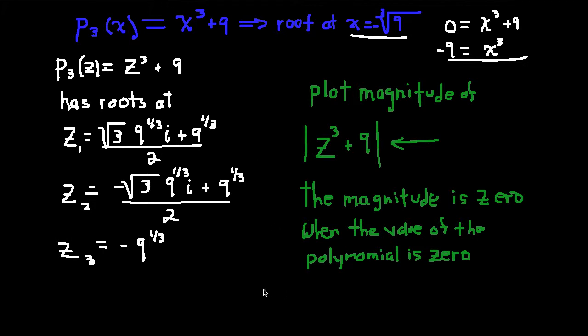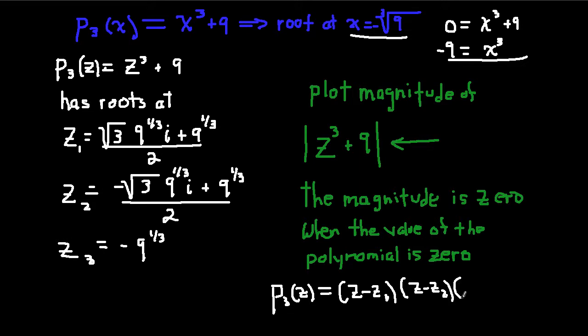We know that P3 of Z can be factored into something like this: Z minus Z1 times Z minus Z2 times Z minus Z3. Okay?